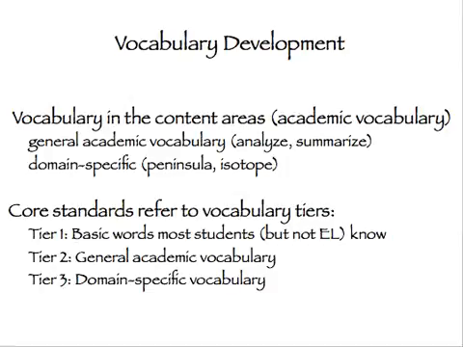Peninsula, say in social studies, isotope in science, and even beyond that, geography within social studies, for example. Now, the idea of general academic vocabulary and domain-specific vocabulary gets played out using different terms in the Common Core standards. And this is all our, as educators', academic vocabulary.